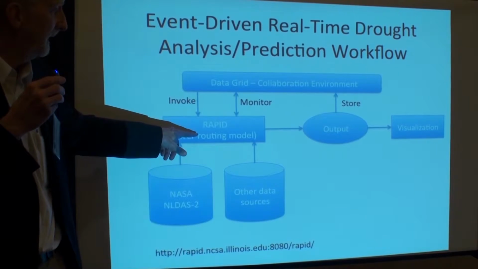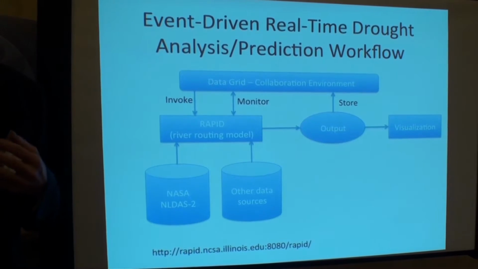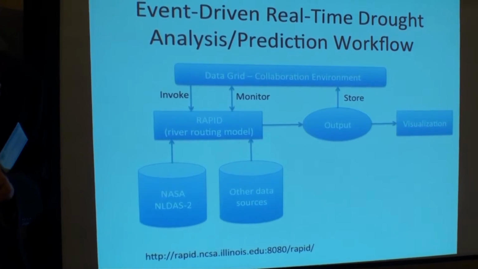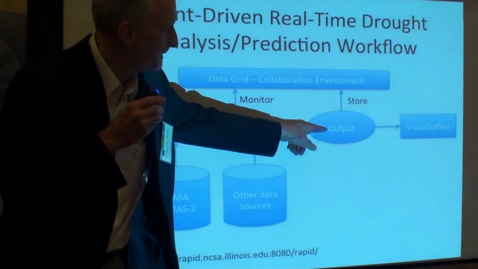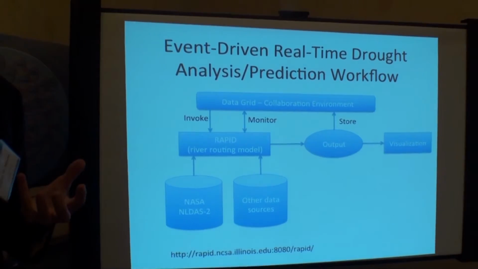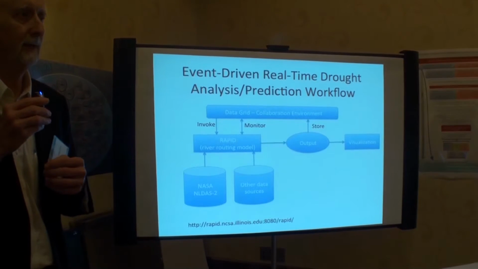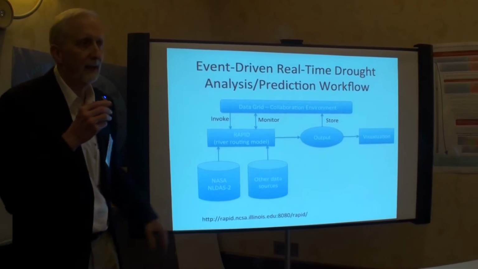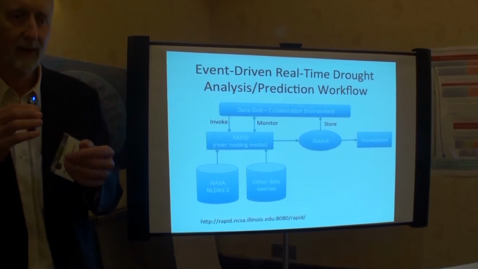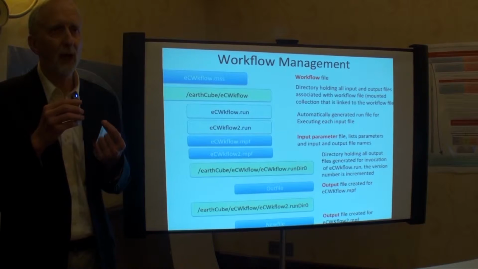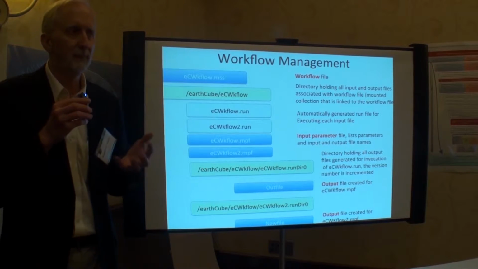In this case, it's a rapid analysis of drought in Texas, monitor the execution of their code, and then when they're finished, automatically archive the data sets. So it's putting a scripting interface in front of an interactive environment that's currently in production and used to analyze river routing.